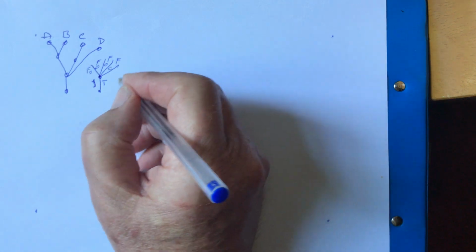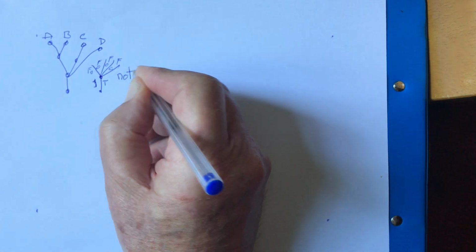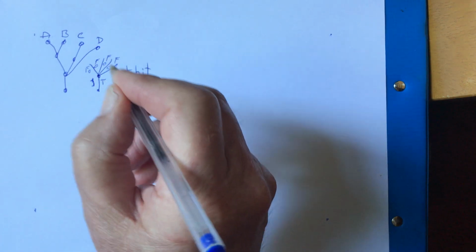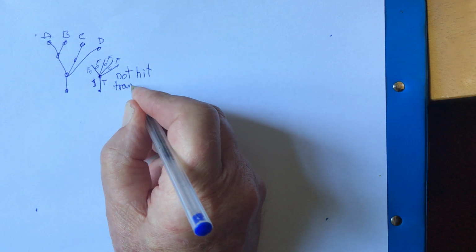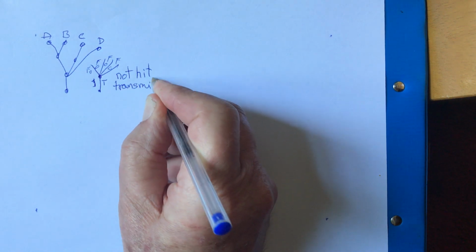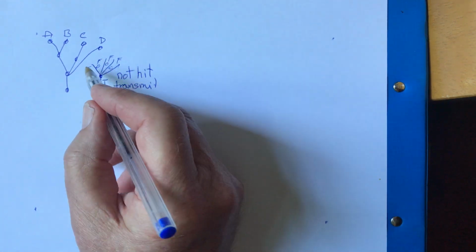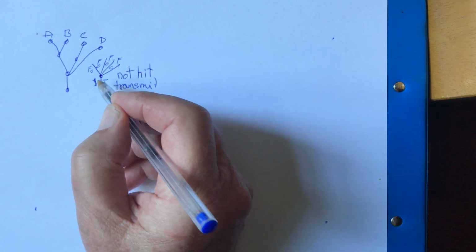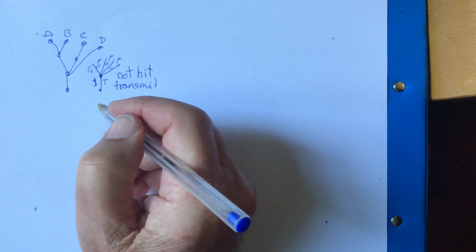So we could summarize the rule as: not hit, all zeros going in, transmit, 1 comes out. So if some of these are 1s, then 0 will come out, nothing will come out.